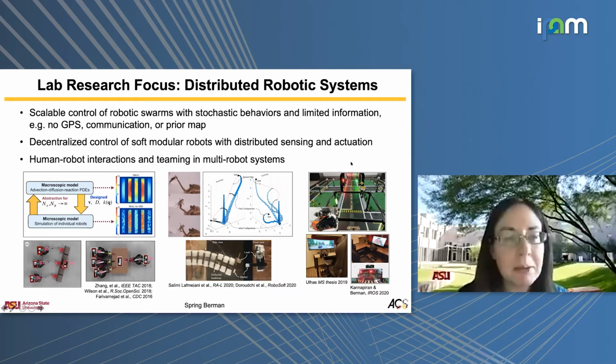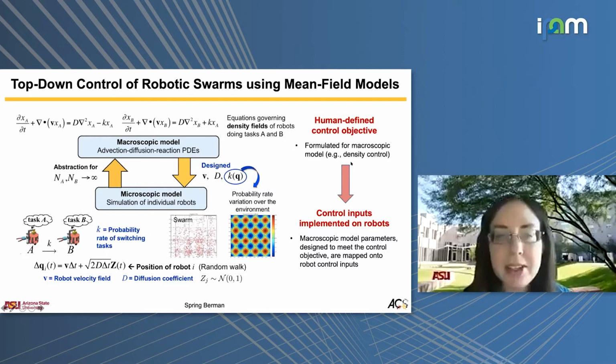So there's been a lot of discussion at this workshop on mean field models for traffic. And so we work on mean field models as well as descriptions of robotic swarms. So they have slightly different dynamics that we consider broadly than the traffic systems that we've been discussing.